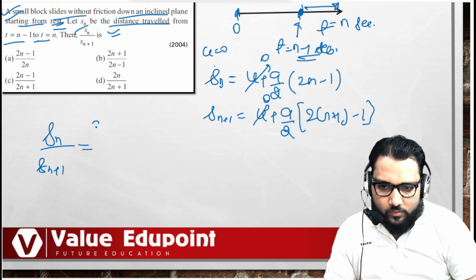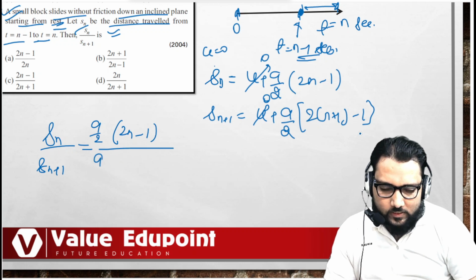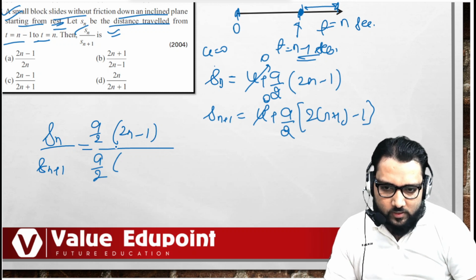This comes out to be a by 2 times (2n minus 1) upon a by 2 times (2 times (n plus 1) minus 1). Look at this: when you multiply inside the bracket, it comes out to be 2n plus 2 minus 1, and 2 minus 1 is plus 1, so this is 2n plus 1.